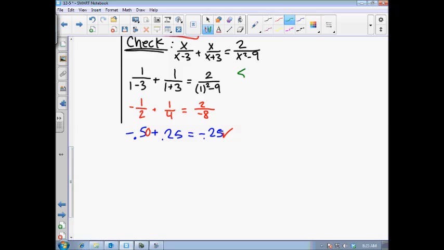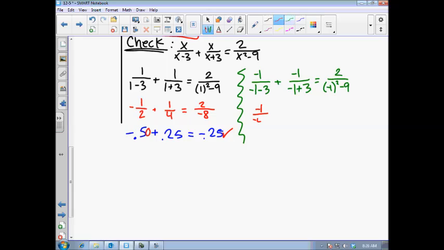One more to check is negative 1. So wherever there was an x, we again plug in our value, which in this case is negative 1. Here's where parentheses are important, because negative 1 squared has to square the sign as well. Okay, so just like we did the last one, what will the denominator be here?